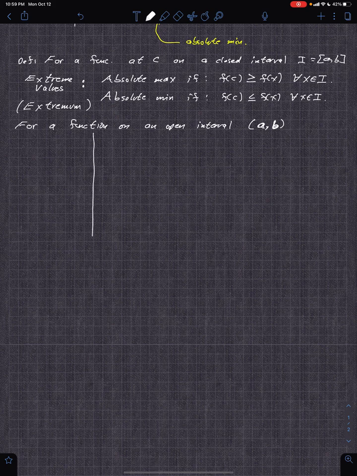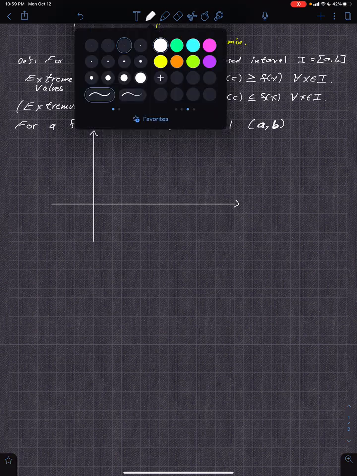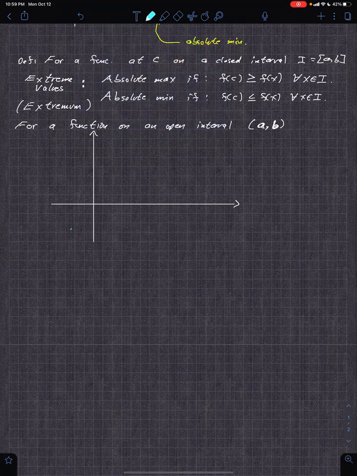So above I drew a picture of absolute max and mins on a closed interval. Now we want to talk about relative max and mins. So that's when you see all the bumps and dips of the function. So you have some function that, say, looks like this. Let's change colors just because we can.